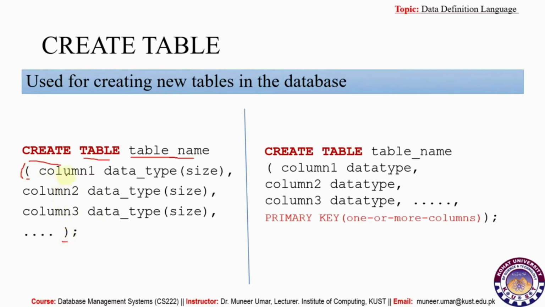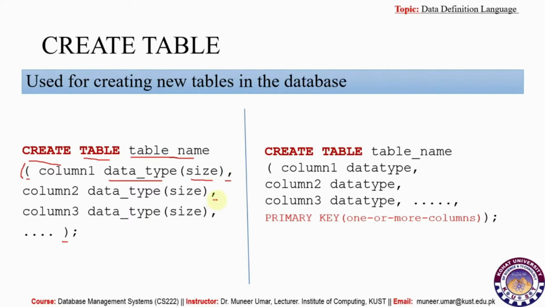So with each column we must specify its data type and size, and we can also specify some additional parameters like not null and primary key. So we can also specify the primary key at the end of all these columns. Note one thing, that all these columns must be separated by commas.